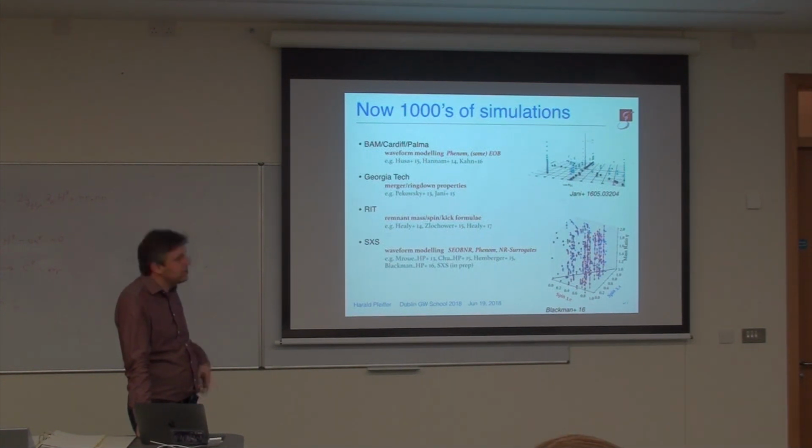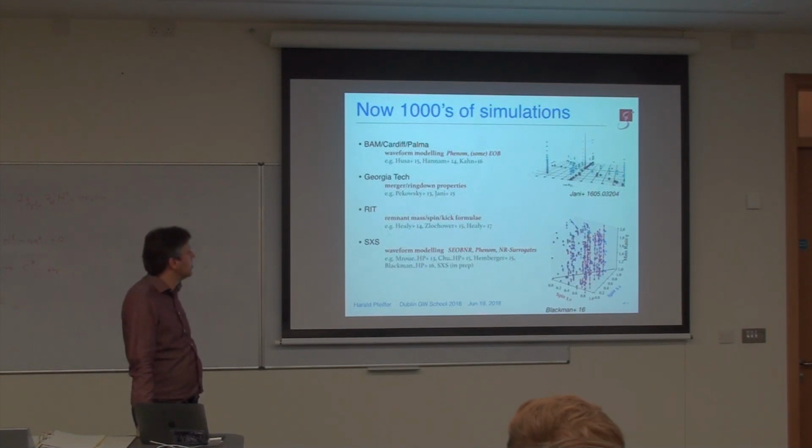BAM, Cardiff, Palomar, quite a few students here have been quite active computing waveforms that are used mostly in the Phenom waveform models. Georgia Tech has been simulating many systems, usually shorter simulations focusing on merger and ringdown characteristics of the black holes.